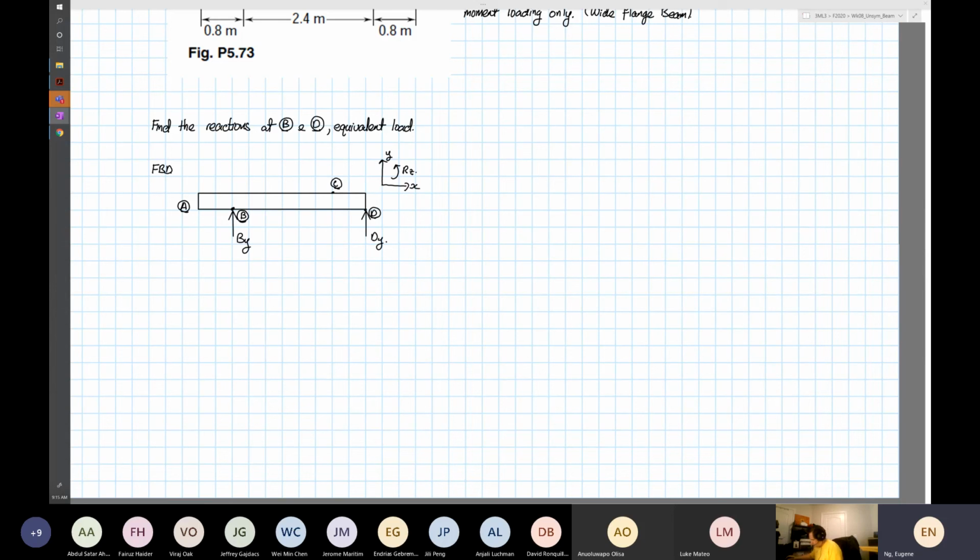So the evenly distributed load we're going to represent by a single equivalent load. This single arrow that I'm drawing now is our equivalent load. I'll write this down as our equivalent load.